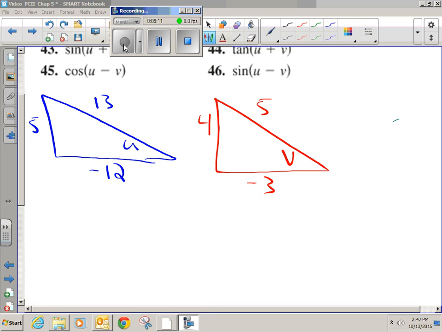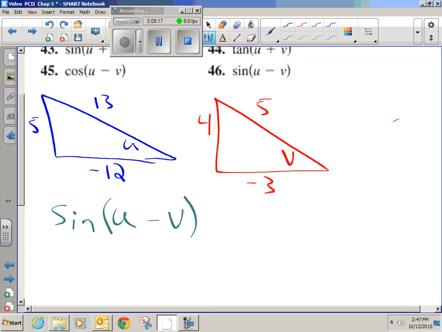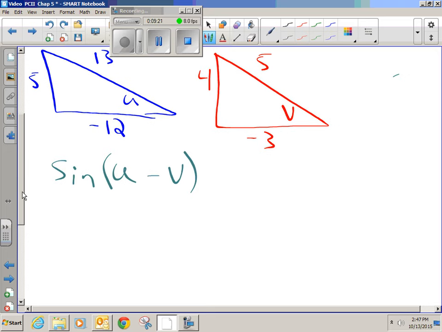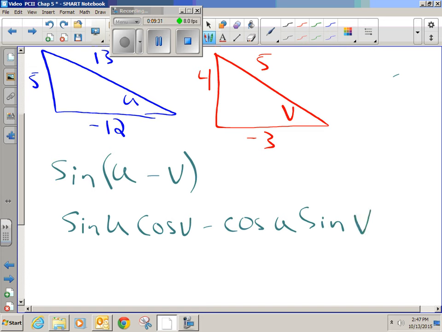Let's do number 46, which is going to be sine(u - v). My formula for differences of sine is sine u cos v minus cos u sine v. Looking at my triangles now, sine of u is going to be 5/13.